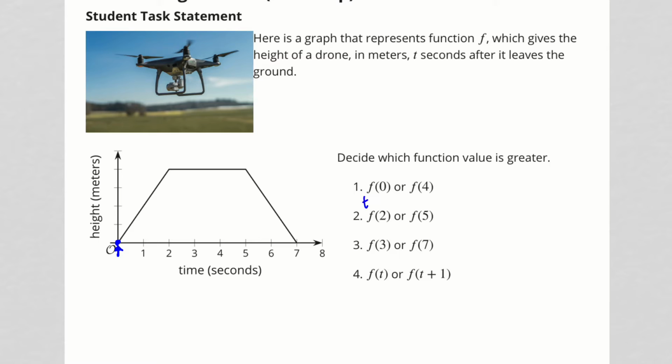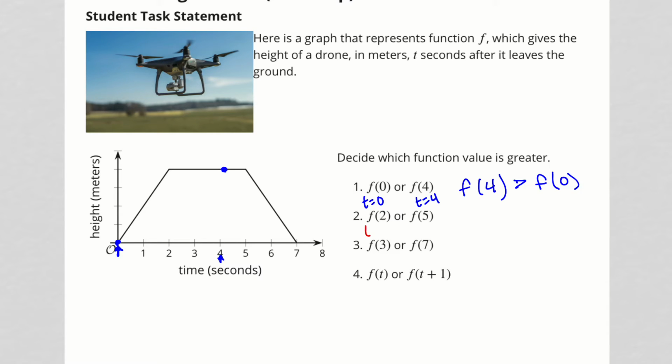So I'm going to write this down right here: t equals 0, t equals 4. We don't know our actual number for the height, but we can look at the 4 on our graph and see that the output is greater than at 0. So f of 4 is greater than f of 0.